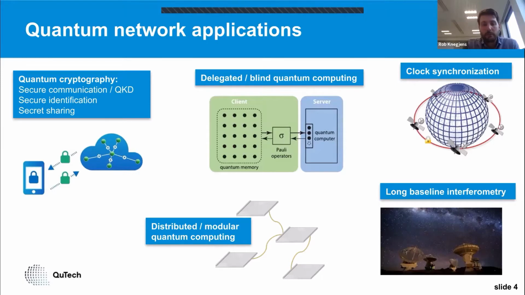But they can also, in the future, facilitate, as I said, modular or distributed quantum computing, and also delegated or blind quantum computing, where you can prepare quantum states locally and then send them to a quantum computer in a cloud and trust that the quantum computer will be blind to what you're trying to compute. Another promising application is atomic clock synchronization using entanglement set up with quantum networks. And on the quantum sensing side, to do interferometry, such as long baseline interferometry of telescopes.